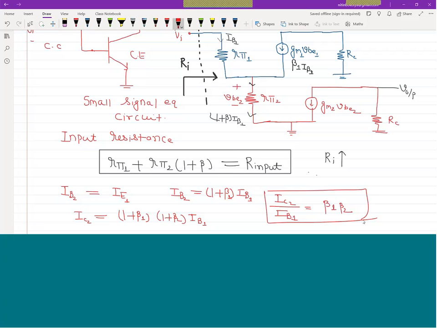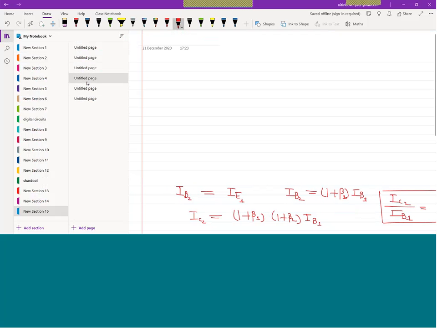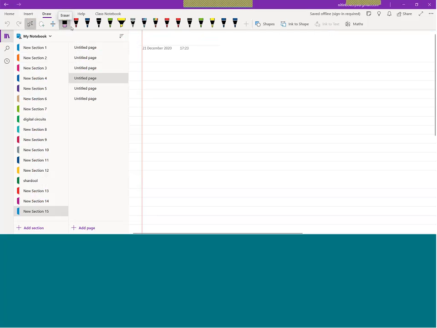Now let's start with the very important topic known as MOSFET circuit. The new topic for the session is MOSFET. We are starting a new topic.